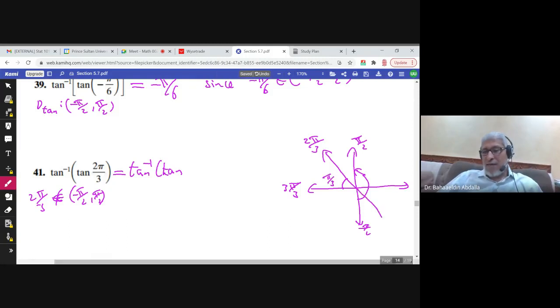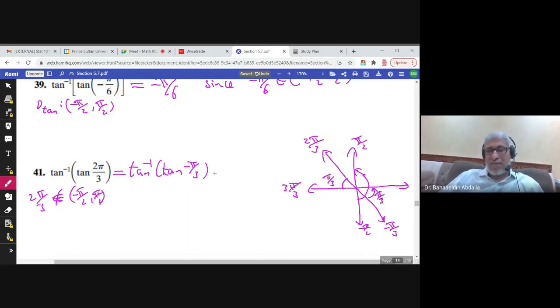So I need an angle with reference angle pi over 3. What is this angle with reference angle pi over 3, but in the negative direction? It is negative pi over 3. So tan negative pi over 3 is equal to tan 2 pi over 3, because they are in quadrants in which tan is negative and they have the same reference angle.